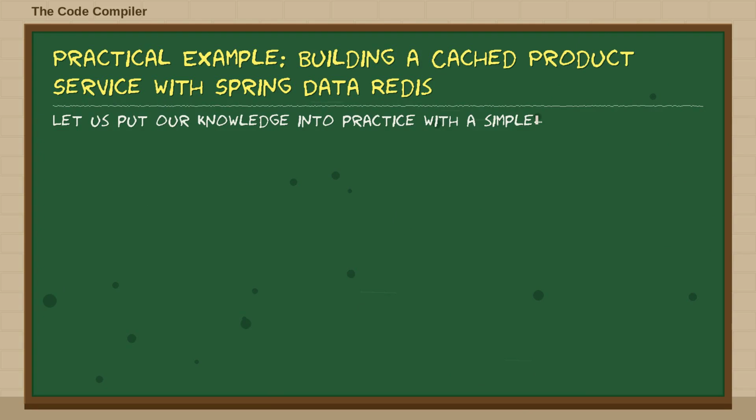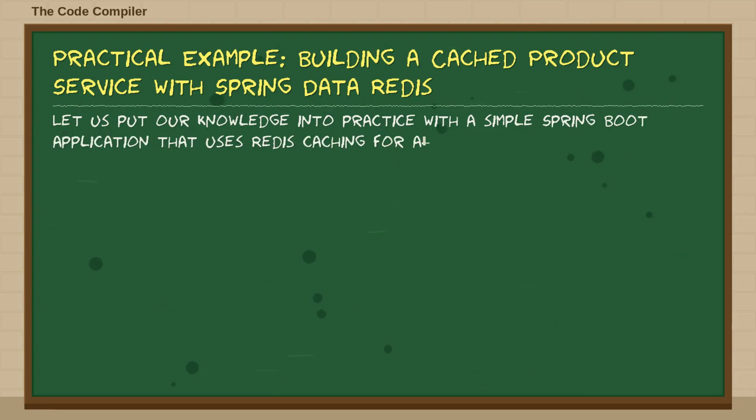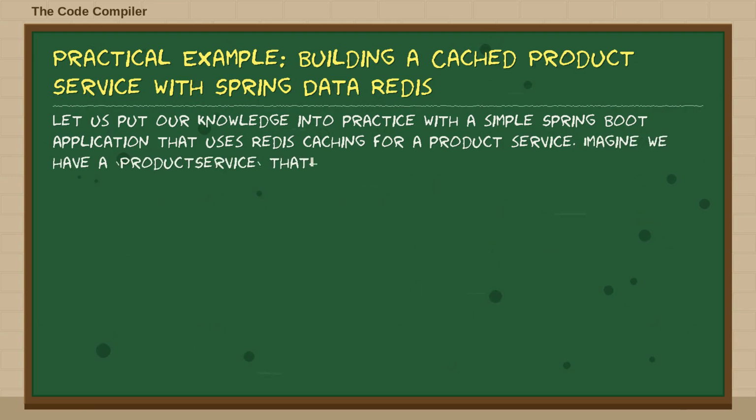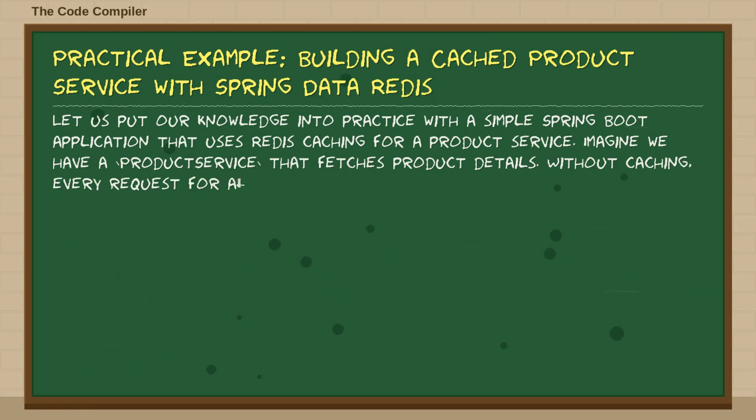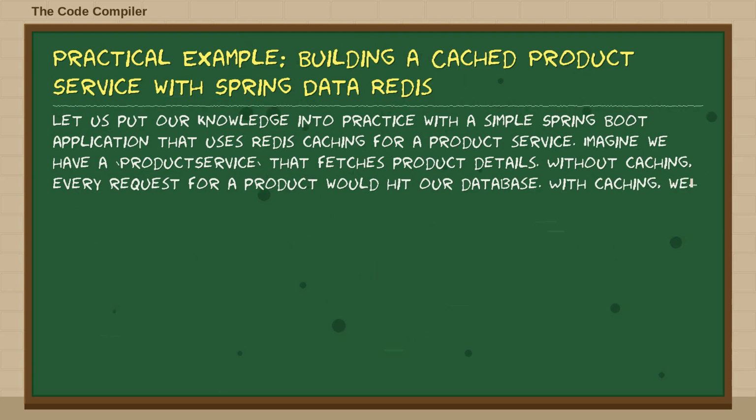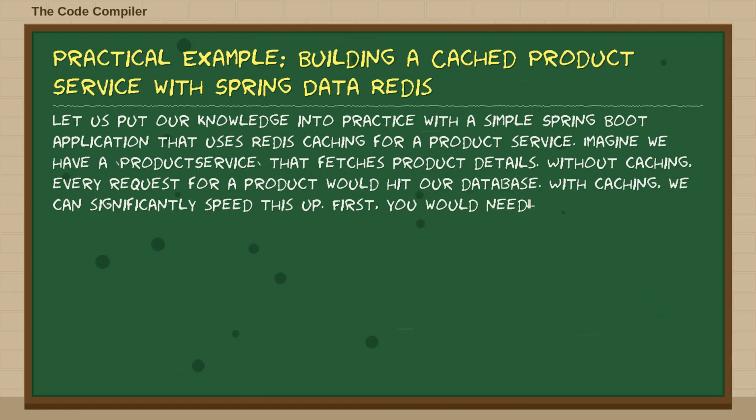Let us put our knowledge into practice with a simple Spring Boot application that uses Redis caching for a product service. Imagine we have a product service that fetches product details. Without caching, every request for a product would hit our database. With caching, we can significantly speed this up. First, you would need to include the Spring Boot starter data Redis dependency in your pom.xml file.